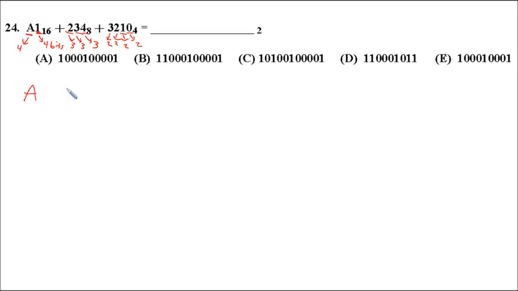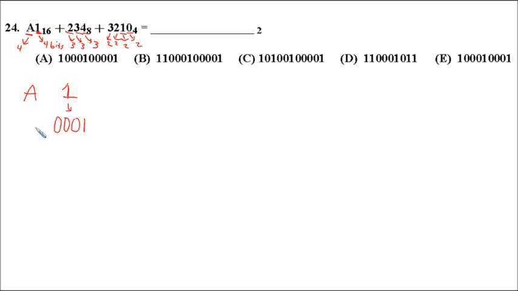So A1, as I said before, can be converted to a total of 8 bits. The number 1, expressed using 4 bits, would be 0, 0, 0, 1 in binary. A, this digit, again represents the number 10 if we're looking at hexadecimal. In other words, it's the digit that comes right after 9 and represents the quantity of 10.